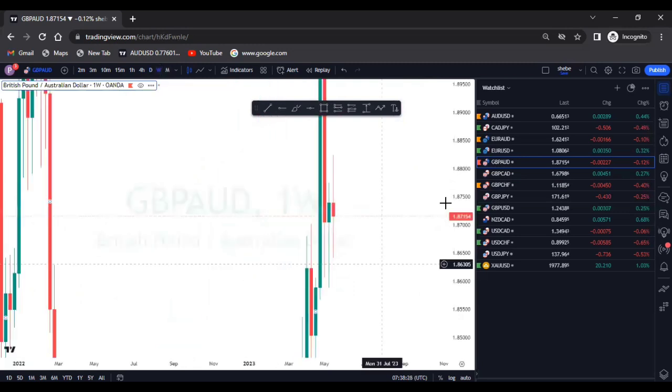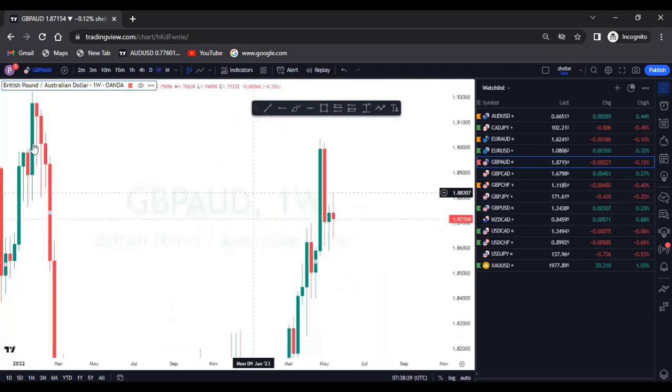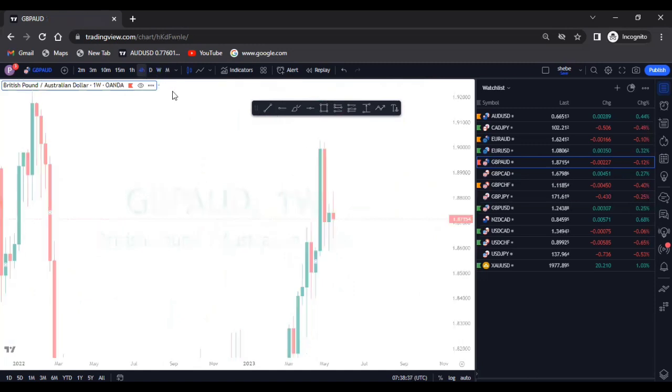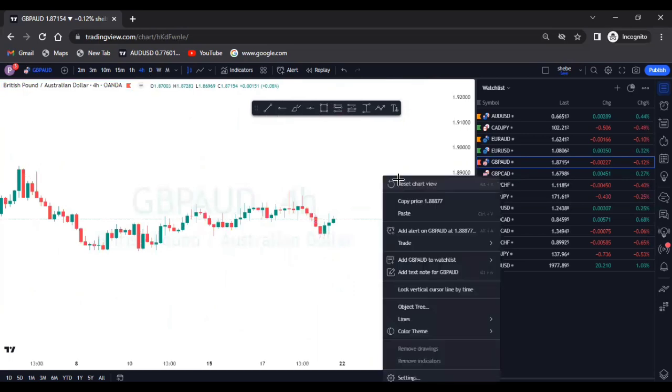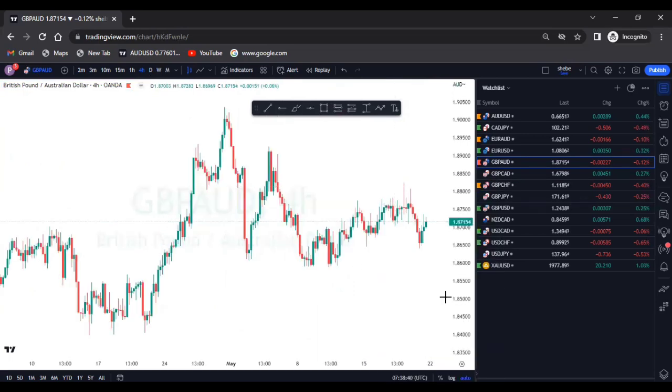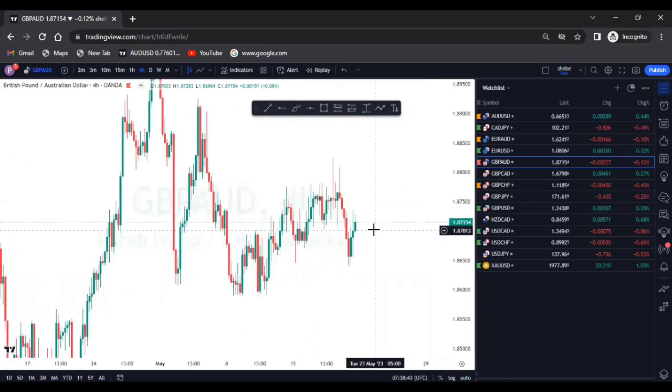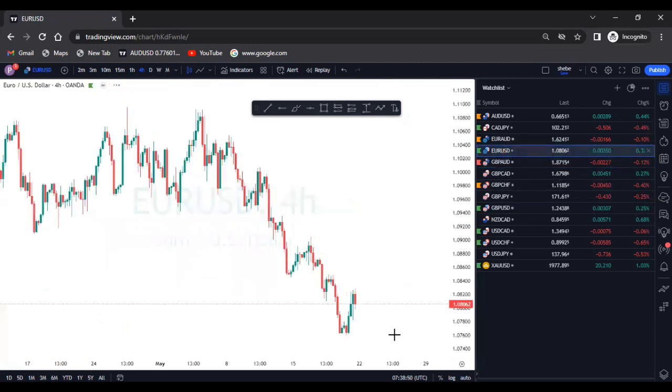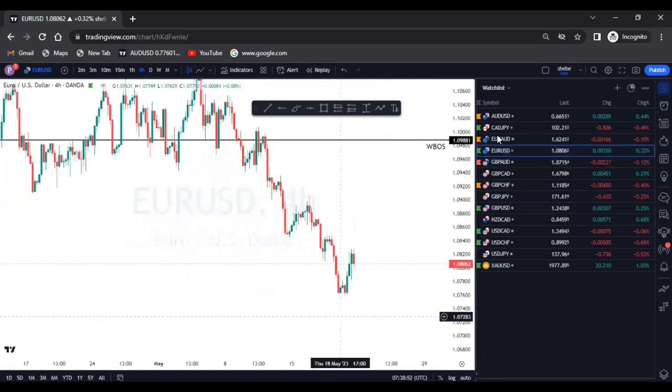The same applies if you look at the weekly time frame. Regardless that GBP has broken the structure, it can break the structure, but if it is not aligned with the high time frames like daily and weekly, that could be difficult for us. The same applies if you look at EUR USD here. We are still waiting for it to break the structure.